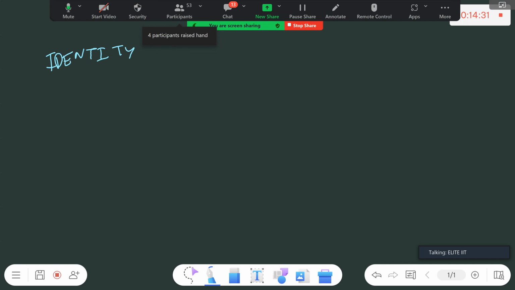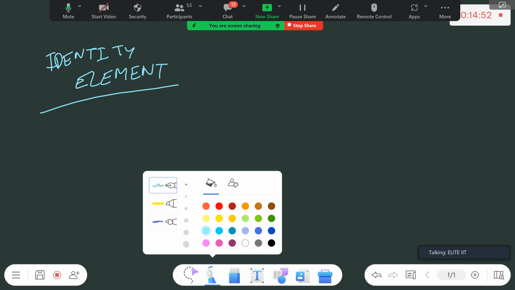What do we mean by identity element? Identity element means elements with which you do addition or multiplication will not change your number. 0 is for addition and 1 is for multiplication.